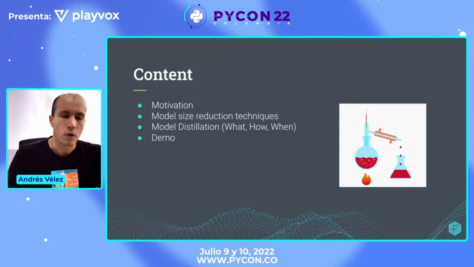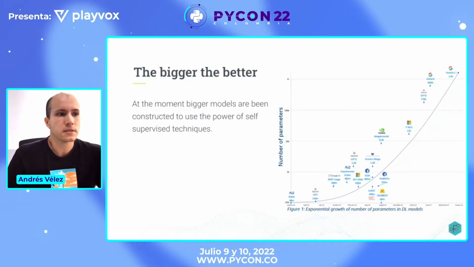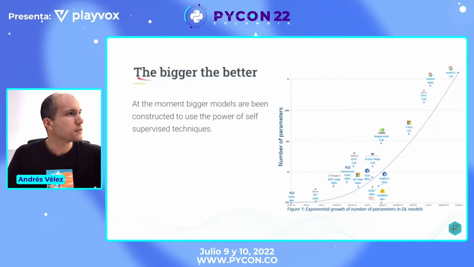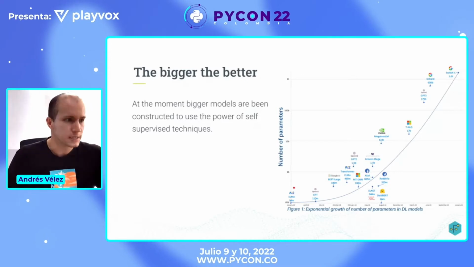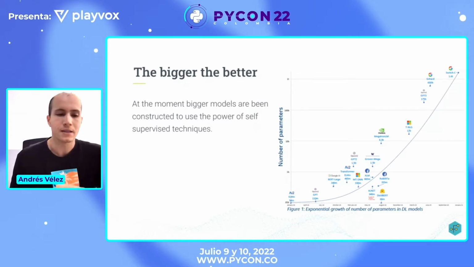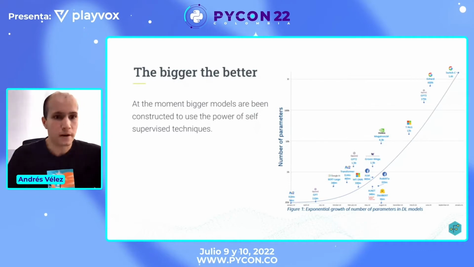So nowadays, it's pretty common to just hear this: the bigger, the better. That is because since 2018, we have seen different launches of models, for example ELMo in this case, which take advantage of using unlabeled information and use a structure of unsupervised learning in order to train different models.